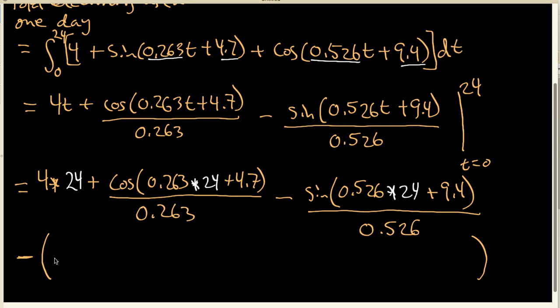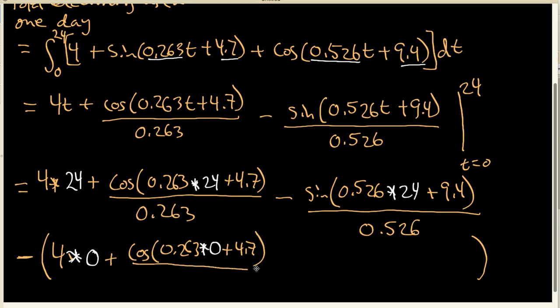We're going to have 4 times 0, which is going to be a 0, plus the cosine of this number here times 0 plus 4.7, all divided by this number here, minus, and then we look at plugging in the 0 for t in this term.